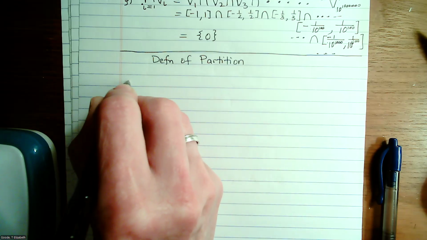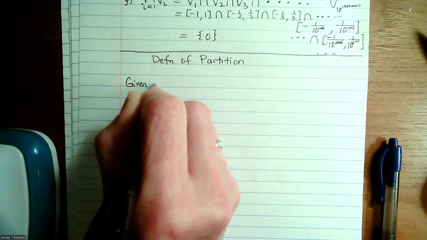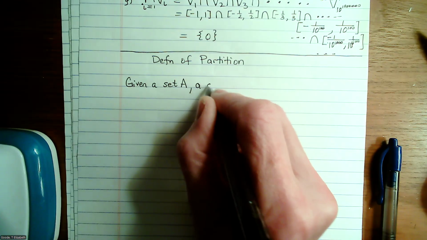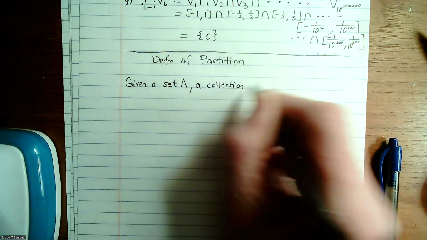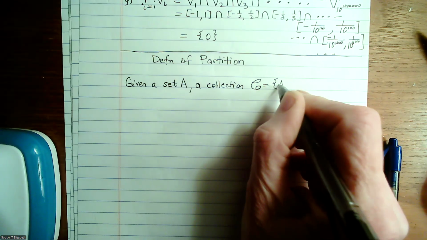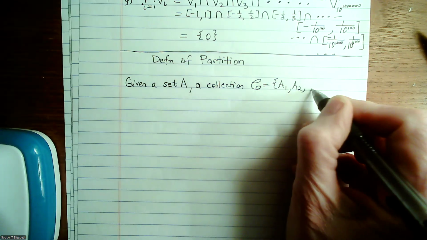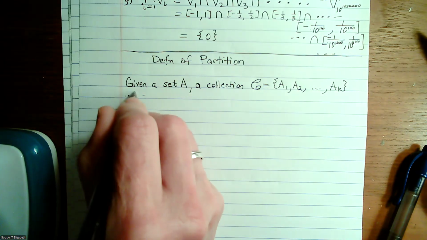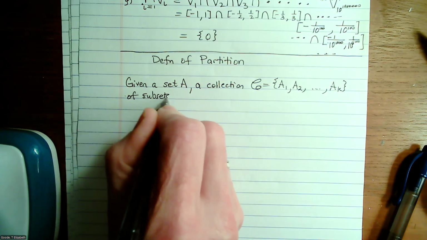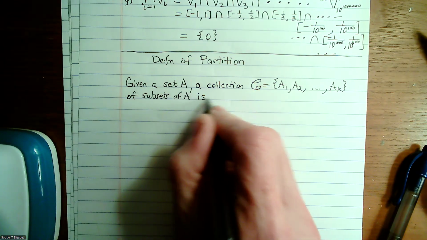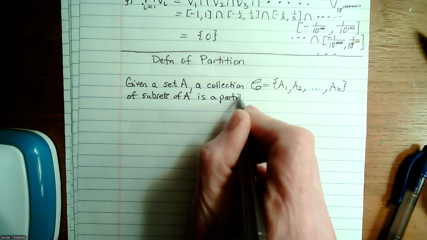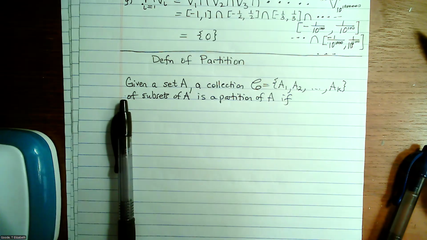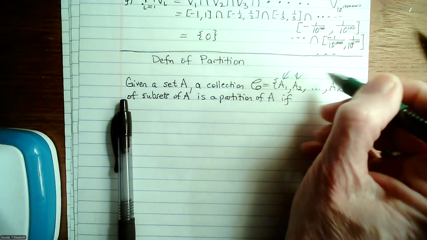Actually, let's just look at the definition. Given a set A, a collection C equals A1, A2, for a finite partition, let's just say A sub K, of subsets of A is a partition of A if, and these sets right here are called the partitioning sets.